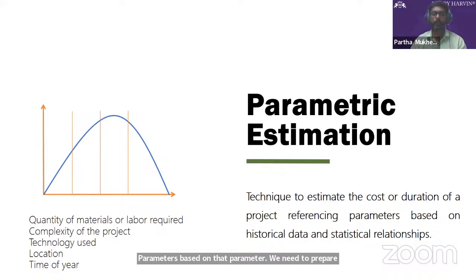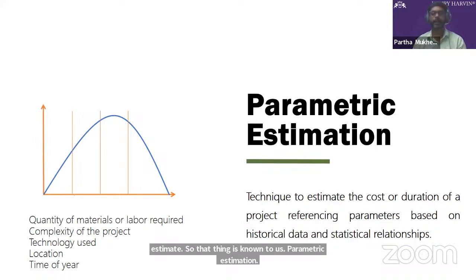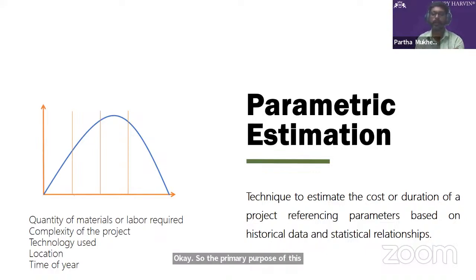The primary purpose of parametric estimation is to provide a quick estimate for the project cost or duration on the basis of historical data and developed statistical models. This technique is commonly applied during the early project stages when little information is available or when a rough order of magnitude estimate is required.